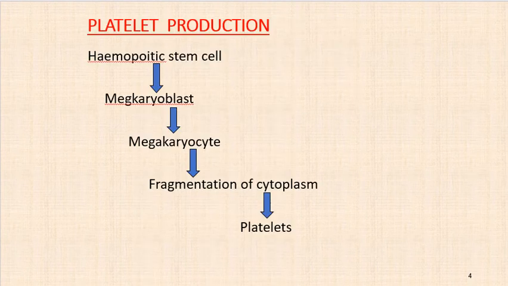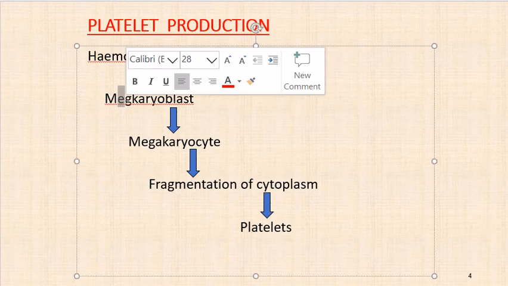Where the platelets are formed and how they are formed: there is a hemopoietic stem cell in the bone marrow, which matures into a megakaryoblast, a blast cell pertaining to the megakaryocyte series, to the platelet series.